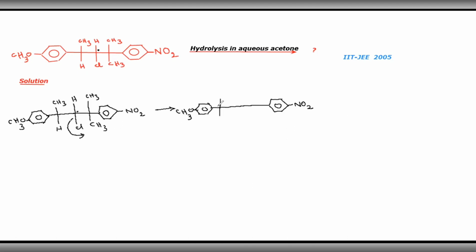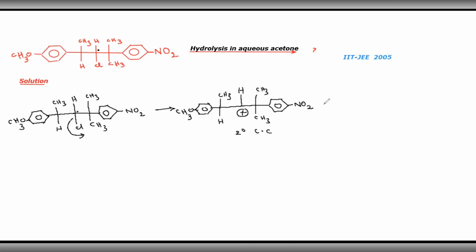On this carbon, two groups are methyl and hydrogen, and on this carbon there is hydrogen. Because of removal of Cl minus ion, this carbon becomes positive, and on this carbon two methyls are present. Since a secondary carbon has positive charge, this is a secondary carbocation.